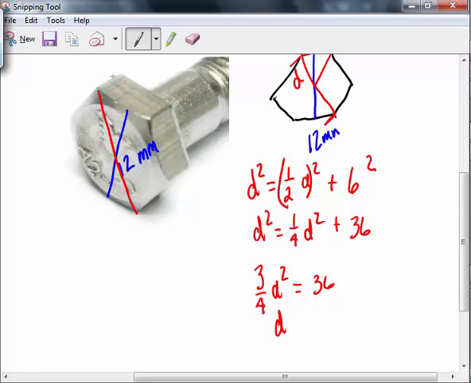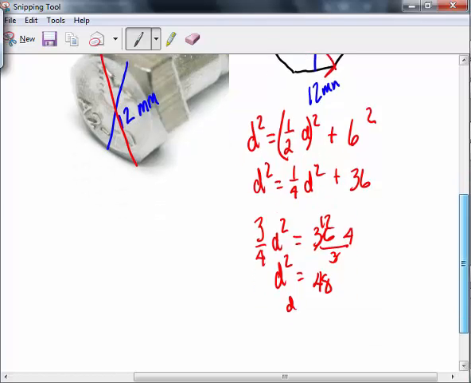Multiply both sides by 4/3, so that you get D squared is 48. So D is the square root of 48. And then remember we have to double it, so times 2.